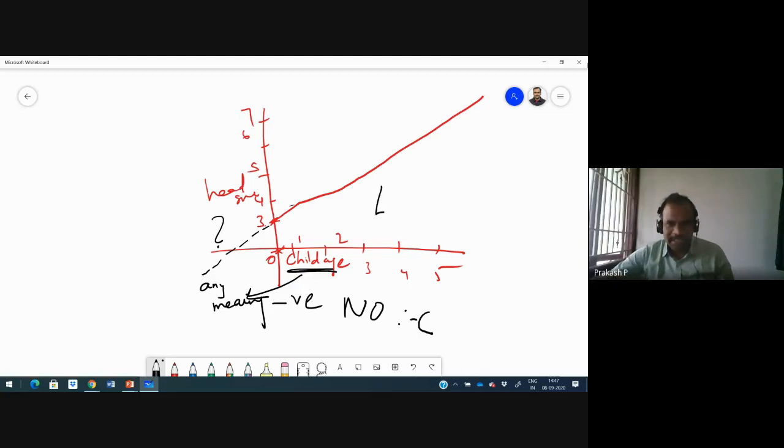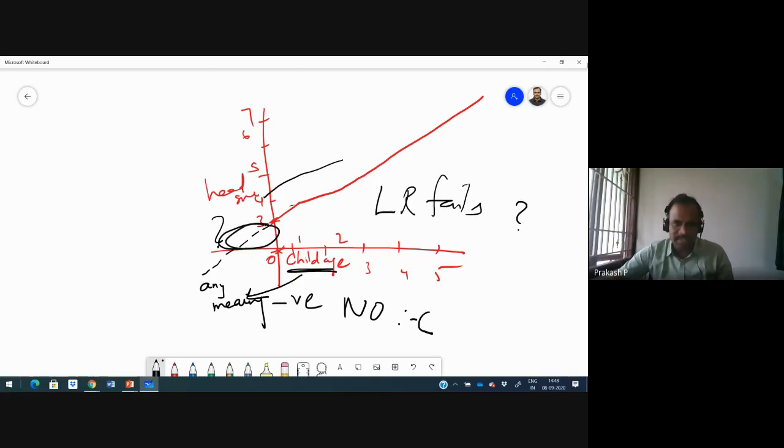So linear regression fails. The reason is that for these quantitative values, we are trying to predict values in this area. This is one case where linear regression fails. I hope you understand what I am trying to say. The child age being negative should not happen; there should not be a negative age. So linear regression fails.